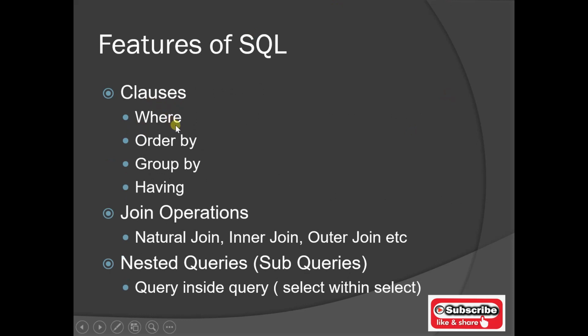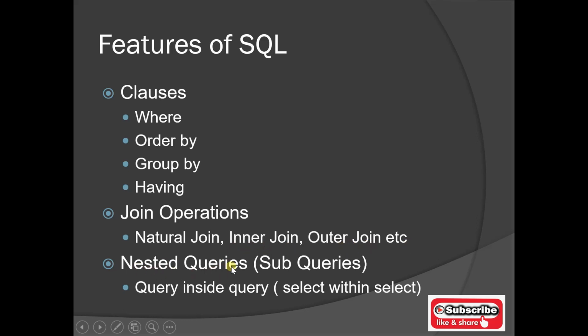When we specify a condition, then we use where clause. Then we have order by clause, group by clause, having clause. In my next videos, I will be explaining all the clauses, all the operators in details, in which I will be explaining the implementation of each and every operator and clauses. We have join operations also like natural join, inner join, outer join, etc.